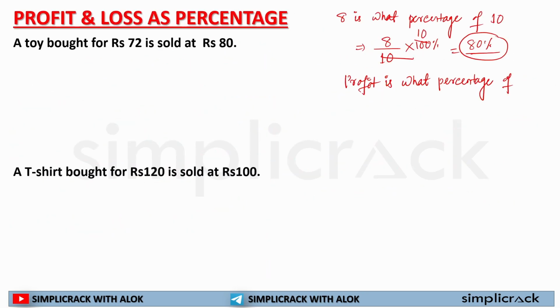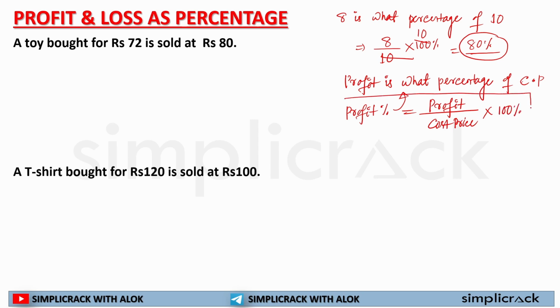In the last slide I told you, profit will always be calculated on cost price. So profit is what percentage of cost price. If I have to calculate the profit percentage, I can write it like this: profit divided by cost price multiplied by 100%.